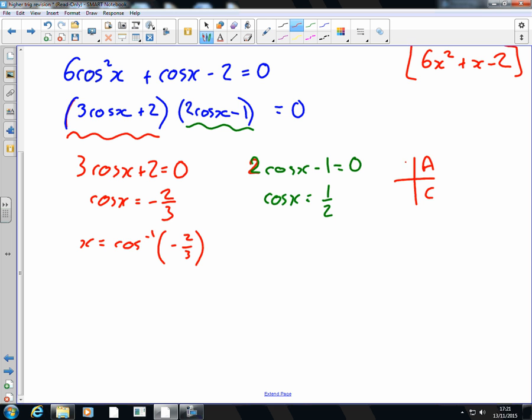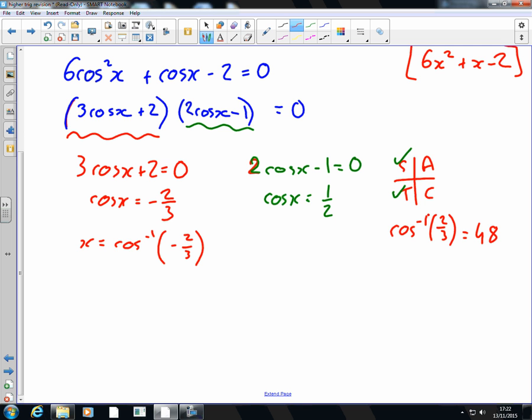I'm working in cos negative, so I'm in these two. Inverse cos of 2/3 is 48.